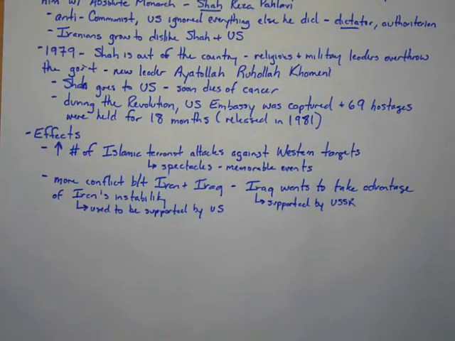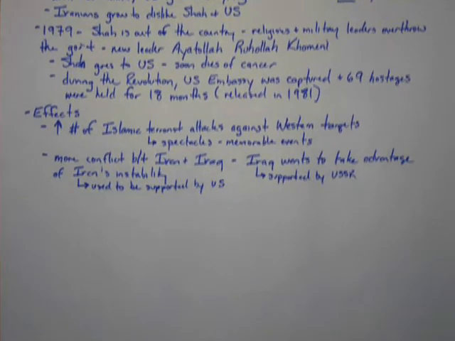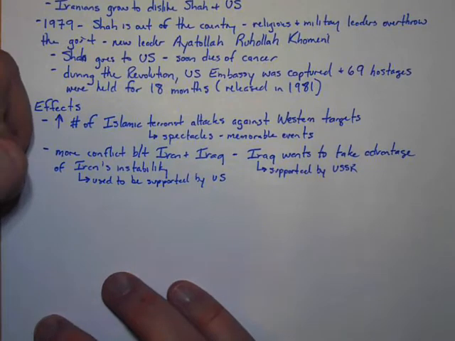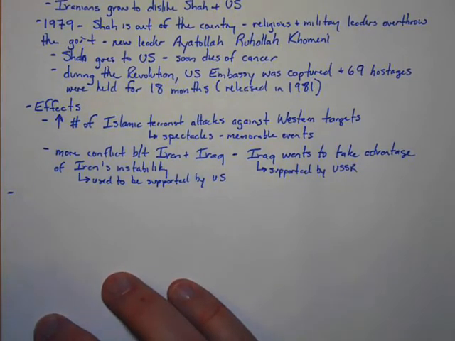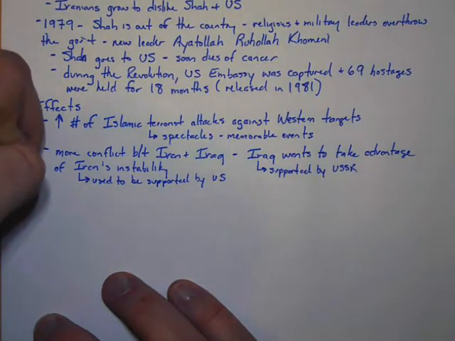So the question now is, how can the United States continue to support Iran, even though Iran has made it very, very clear that they want nothing to do with the United States? And that is going to be our weird segue into the last region we're going to pay a little bit of attention to, and that's Latin America.